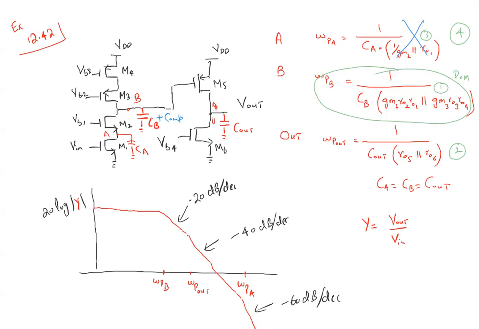Now this relation is not fulfilled anymore; rather we have CA equal to C out, but CB plus C compensation is bigger than CA. Because of this, what will happen? This omega PB, which I'm drawing in blue, will move towards the left.